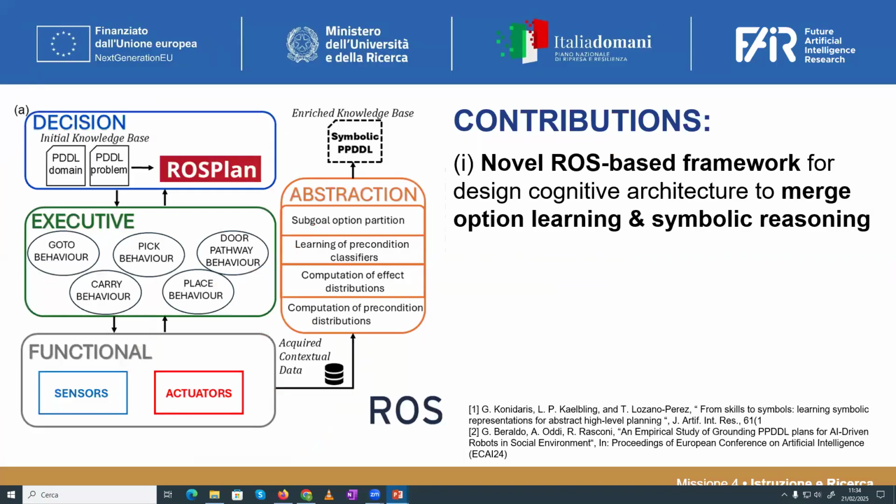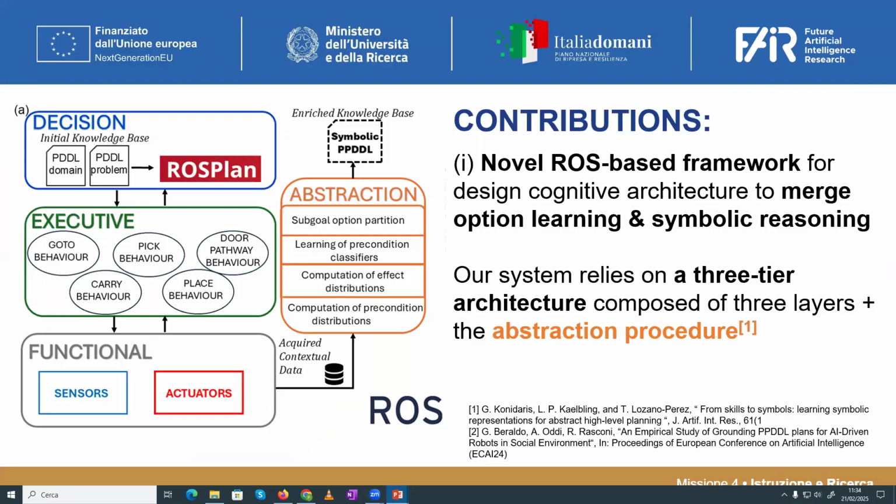First of all, we have defined a control architecture, which is an extension of the three-tier architecture, which is a classical way to construct a controller for a robot. The three-layer architecture has three different layers: the decision layer, the executive, and the functional layer. At decision level, it's possible to use symbolic knowledge, define goals, and generate a plan to achieve this goal.